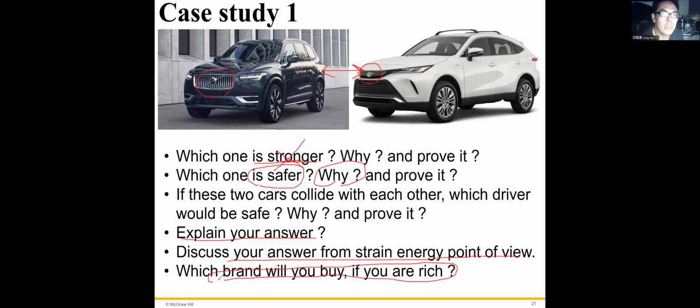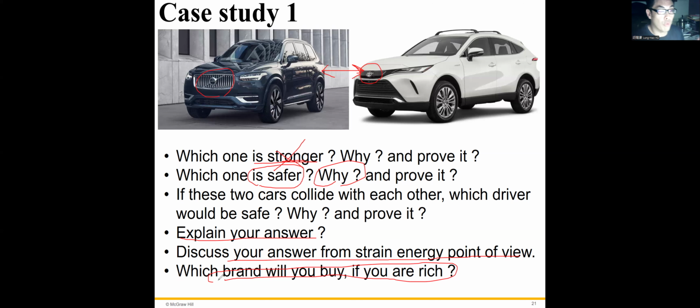That means when this Toyota collides with a wall or has a car accident, the frame or the whole structure will absorb most of the deformation energy when it collides or on impact. When the car structure absorbs most of the energy, the passenger will not be hurt, right?